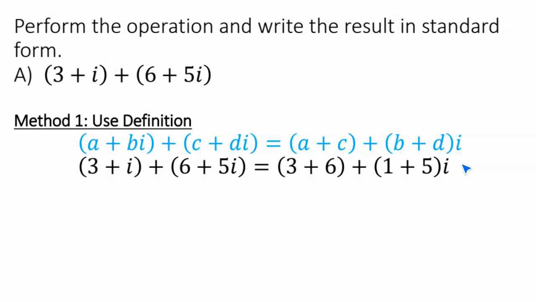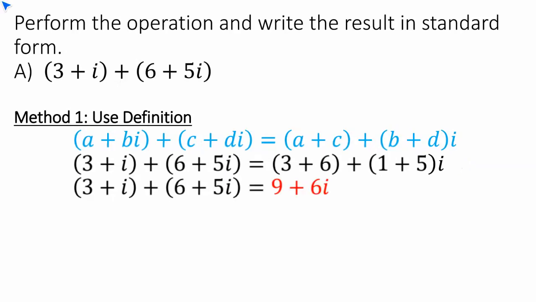My real parts here are the 3 and the 6, so I'm going to add those two together. My imaginary parts are the 1 and the 5. When I simplify, 3 plus 6 is 9, and 1 plus 5 is 6. So my complex number in standard form of this addition is 9 plus 6i.